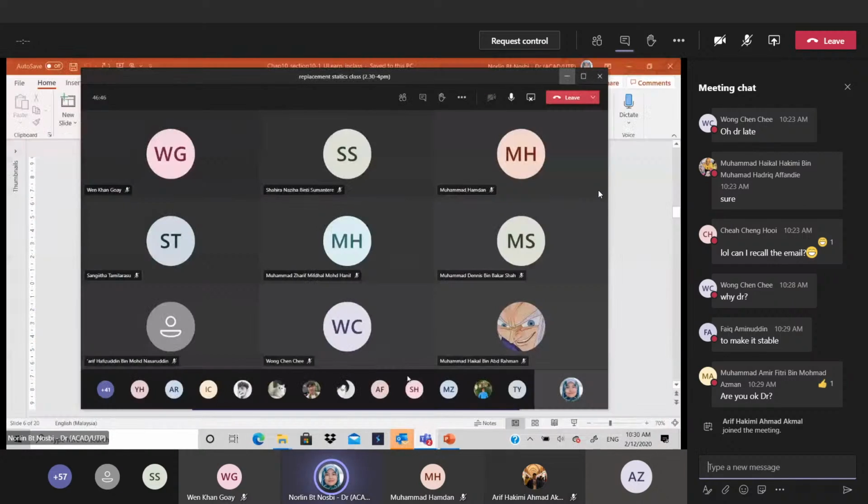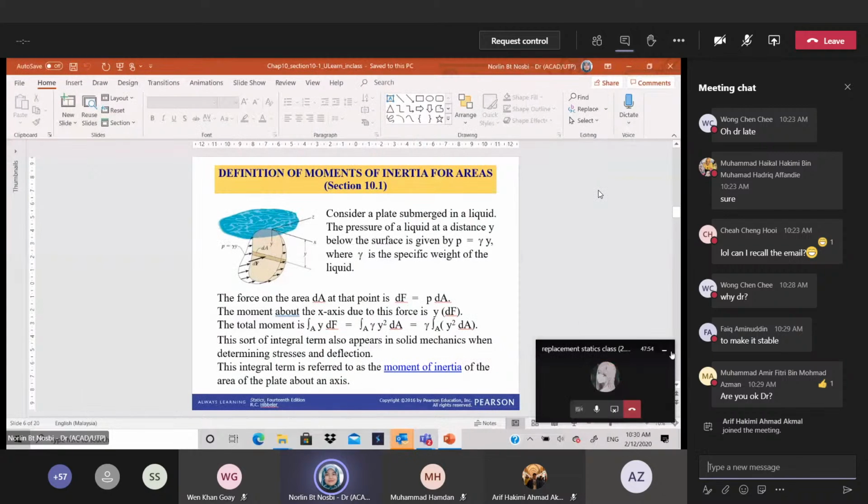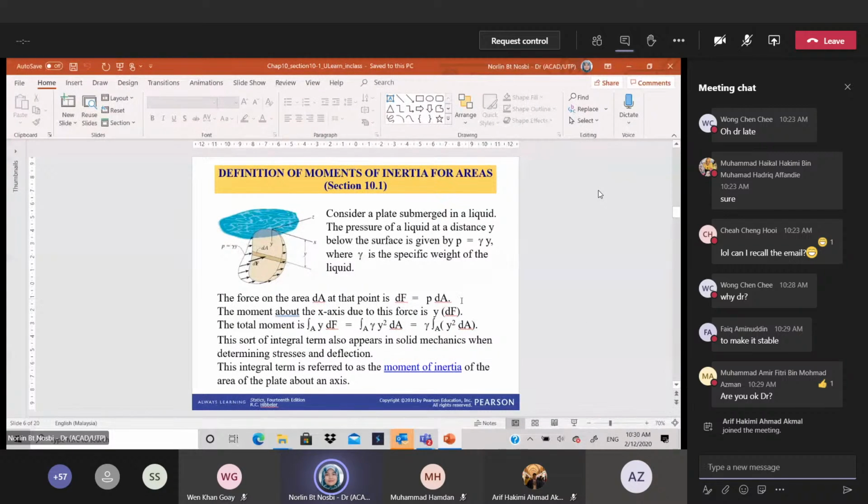Now the integration of the term is referred to as the moment of inertia. This is based on the axis, whether x or y.